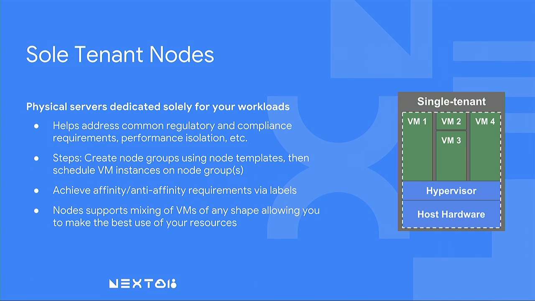To get started, it's very simple. Just create a sole tenant group using the template, and then you can schedule VM instances onto those sole tenant groups. In terms of where the VM will be placed, we offer great flexibility too. You can explicitly tell us which group you want to target, or you can use labels and label selectors.